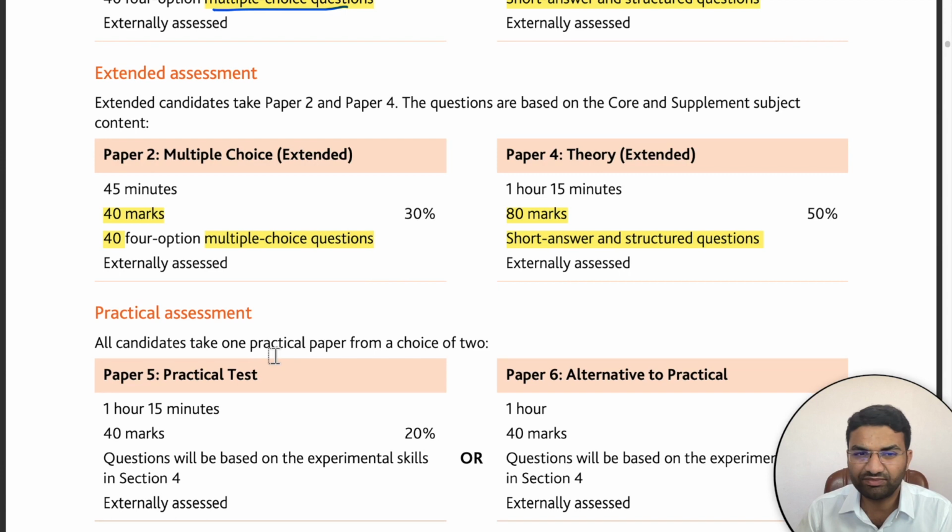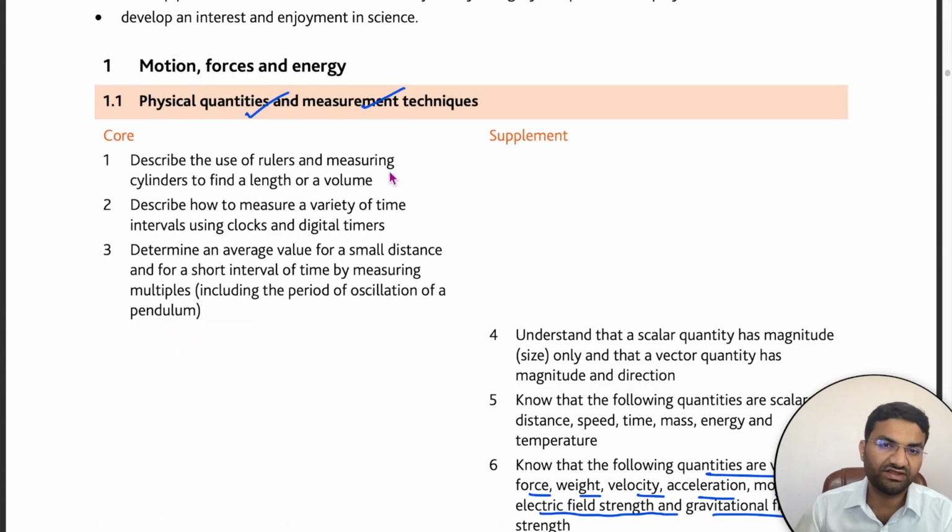Paper 5 is a practical test and paper 6 is the alternative to the practical. You can choose either 5 or 6 as per your convenience. The left-hand side is for core students and the right-hand side is for extended students.